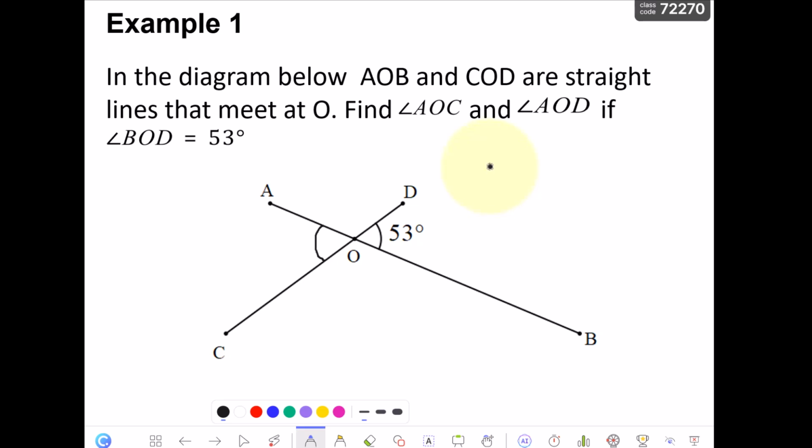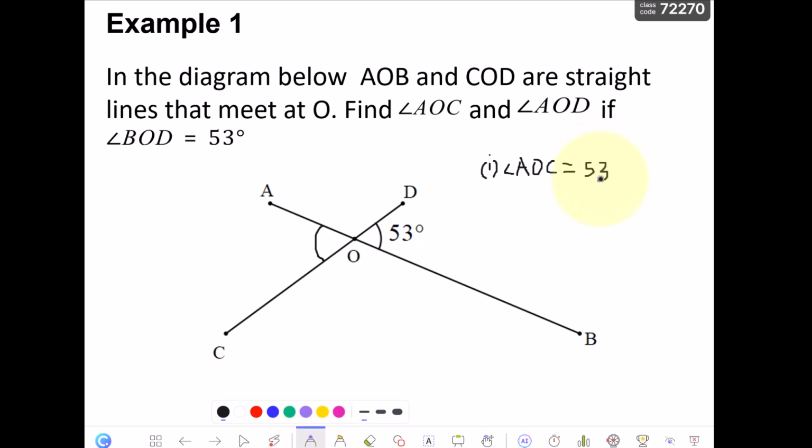You can number it number 1, in brackets. Angle AOC, which is the first solution, is equal to 53. There is nothing to calculate here. Your answer is just 53.